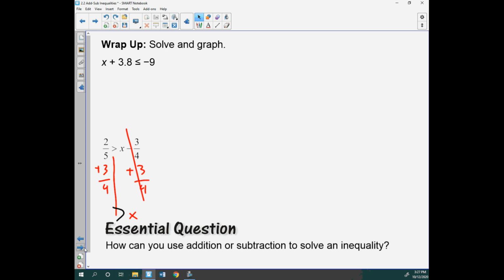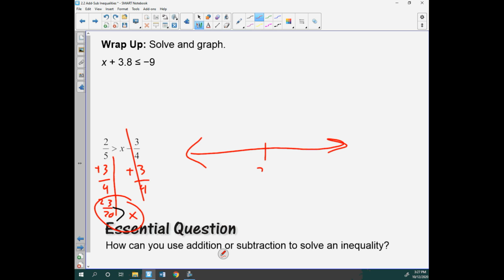Ooh, that doesn't look very nice. But we're going with it. That's the right answer. We did the right steps. And so if you had to graph that and we're putting 23/20, well, what's one less than 23/20? How about 22/20, right? No big deal. Or 24/20. Okay? So you don't have to make these super complicated like that.